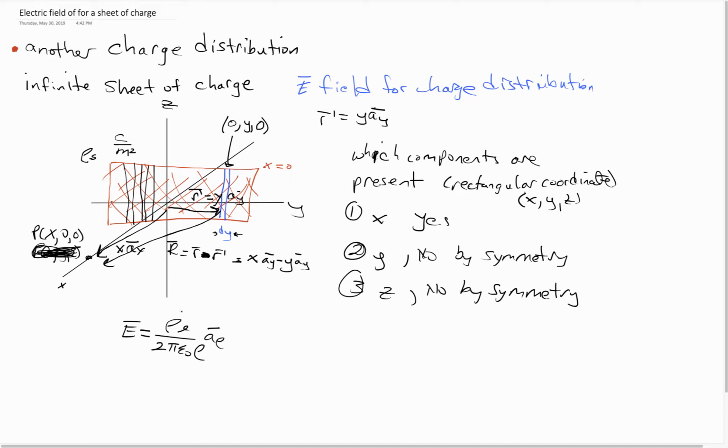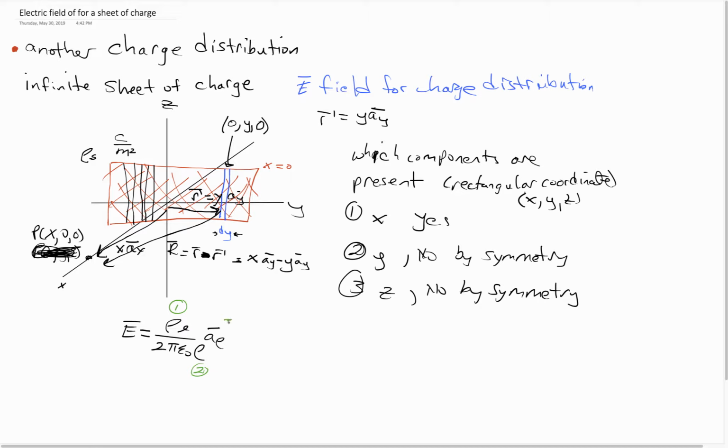And so we need to figure out what we're going to put in for rho L, what we're going to put in for rho, and what we're going to put in for A rho, the unit vector.